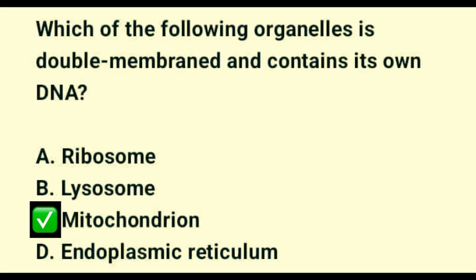Option A, the ribosome, is wrong because it has no cell membrane at all. Option B, the lysosome, is also wrong because it is a single membrane sac with digestive enzymes. Option D, the endoplasmic reticulum, is wrong because it has a single membrane network, not a double, and it doesn't have DNA. Therefore, only mitochondria fits this description, making option C correct.